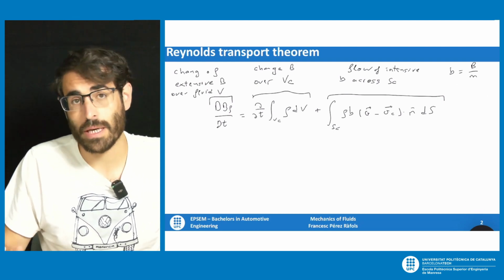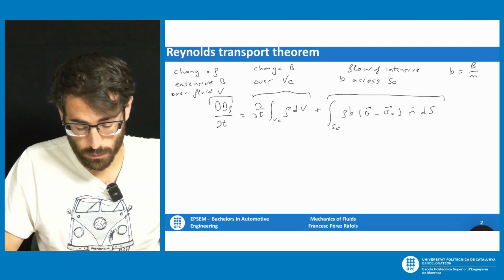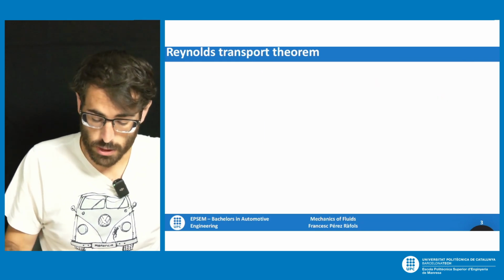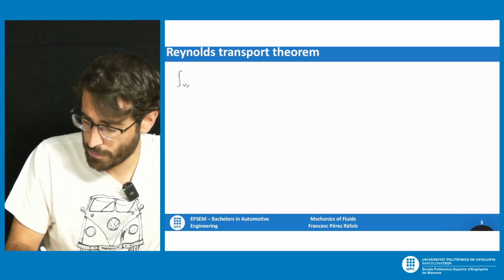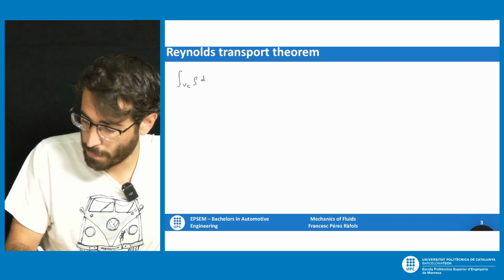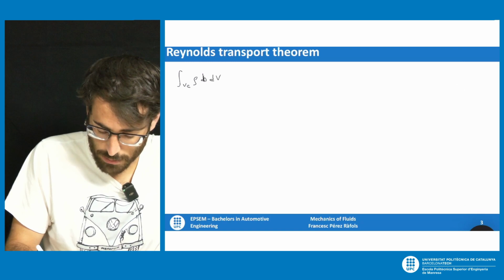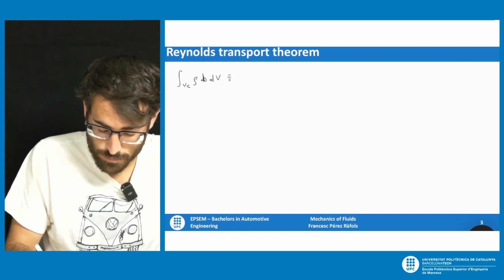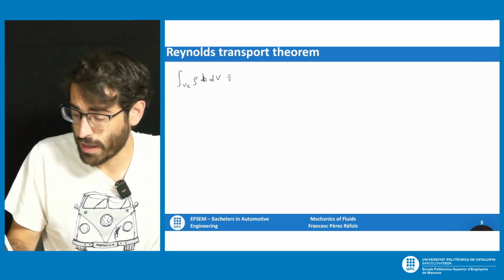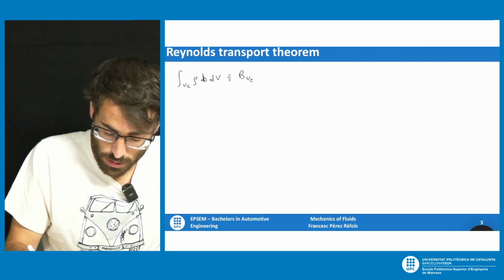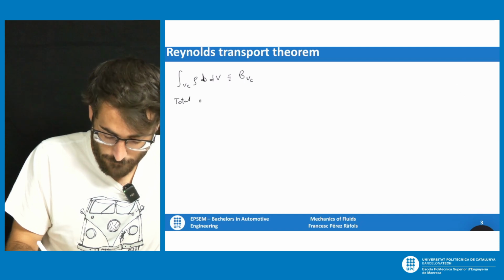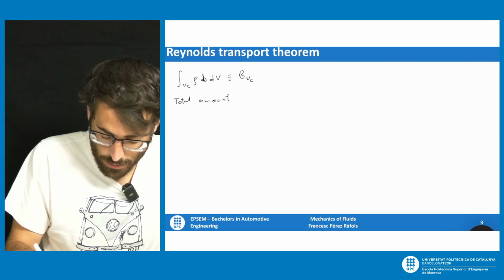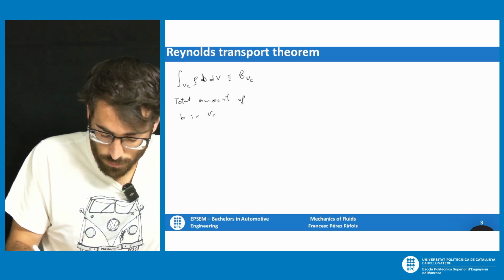But perhaps in order to make it more clear, we can simplify it a bit. So let's work with the simplifications. Let's work first with this first term, the integral of rho times b times dV. And that we can define as B sub CV, which is the total amount of B in the control volume.